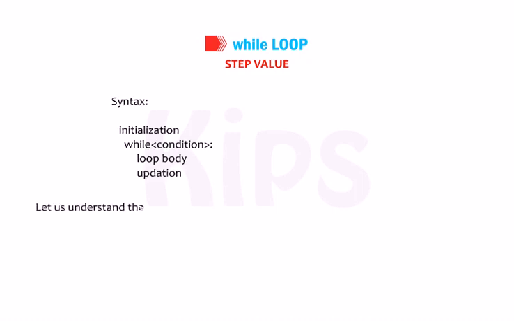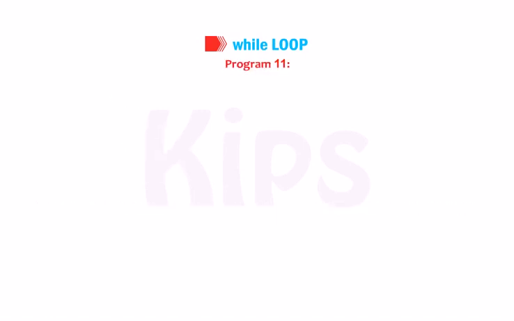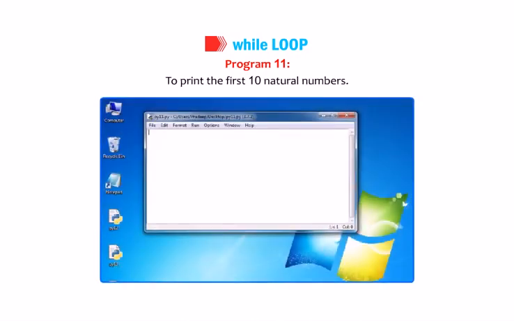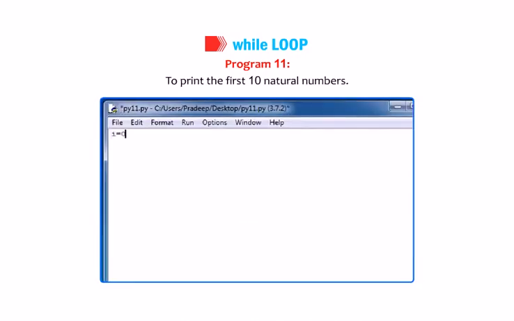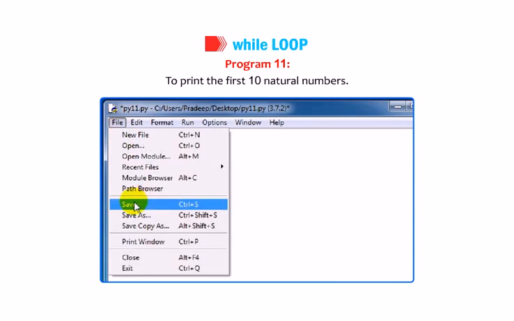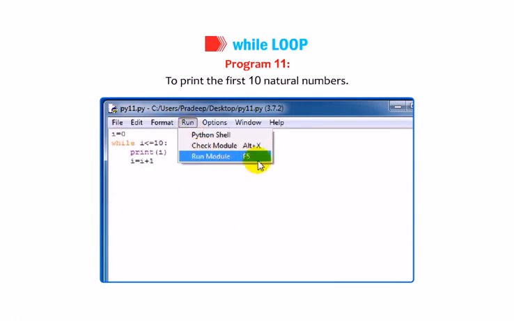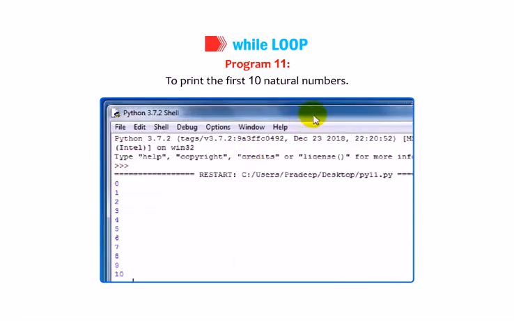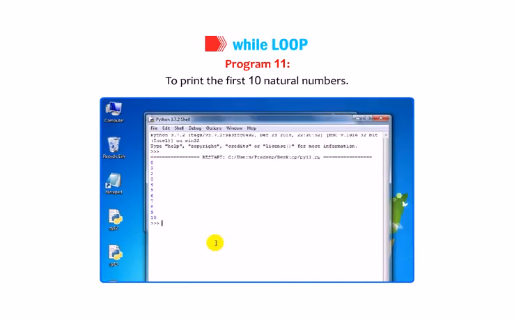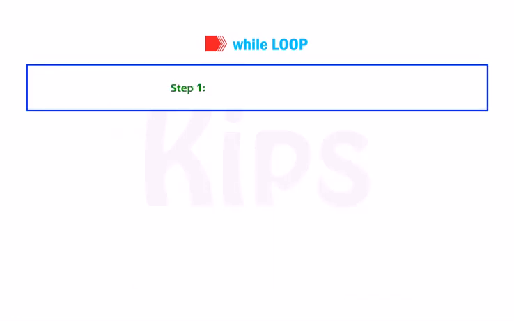Let us understand the working of the while loop with the help of the following examples. Program 11. To print the first 10 natural numbers. Step 1.